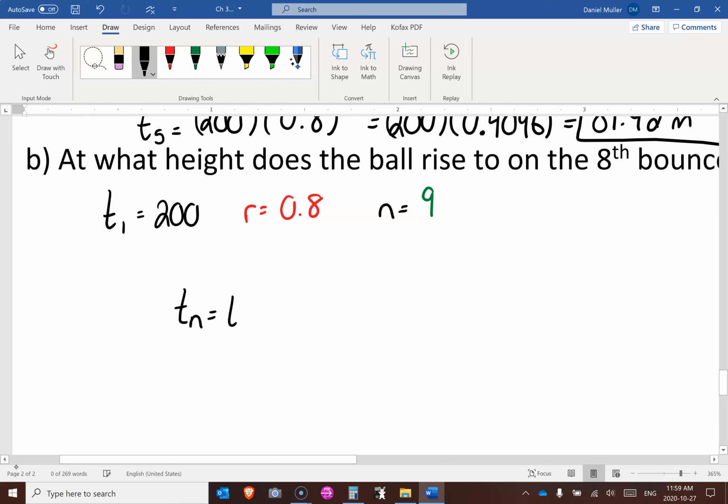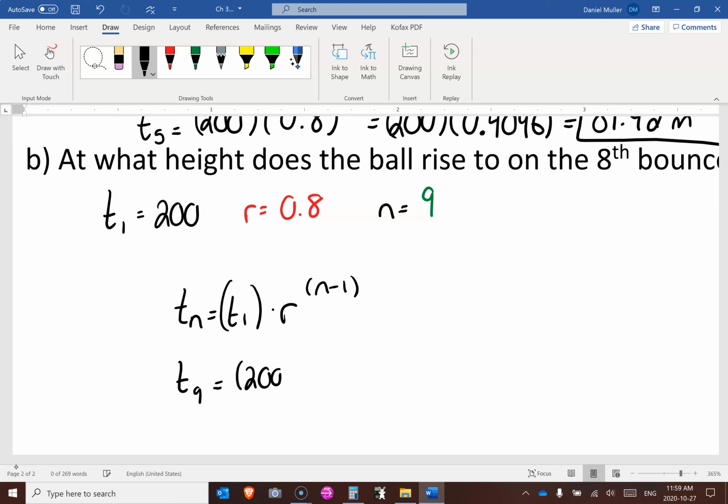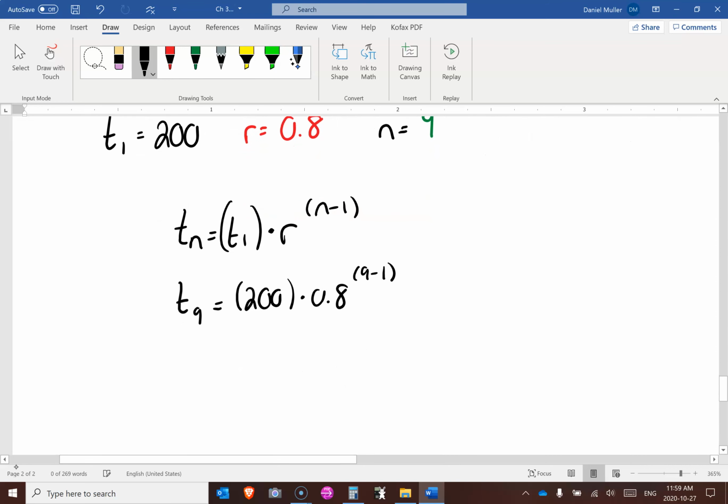Tn is equal to T1 times r to the n minus 1. So I'm finding T9, which is 200 times 0.8 to the 9 minus 1, which is 8. So this is 200 times 0.8 to the 8.